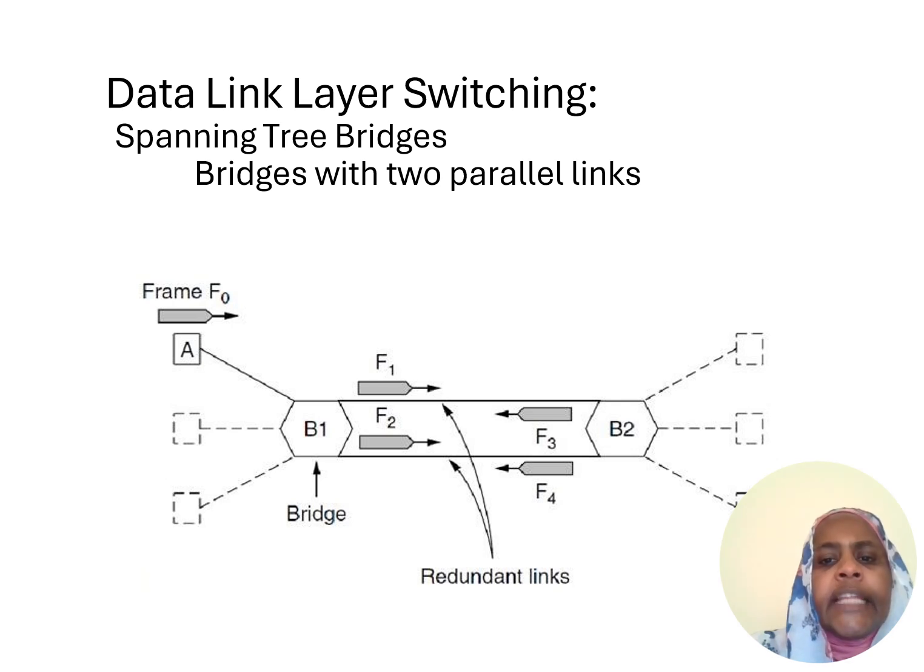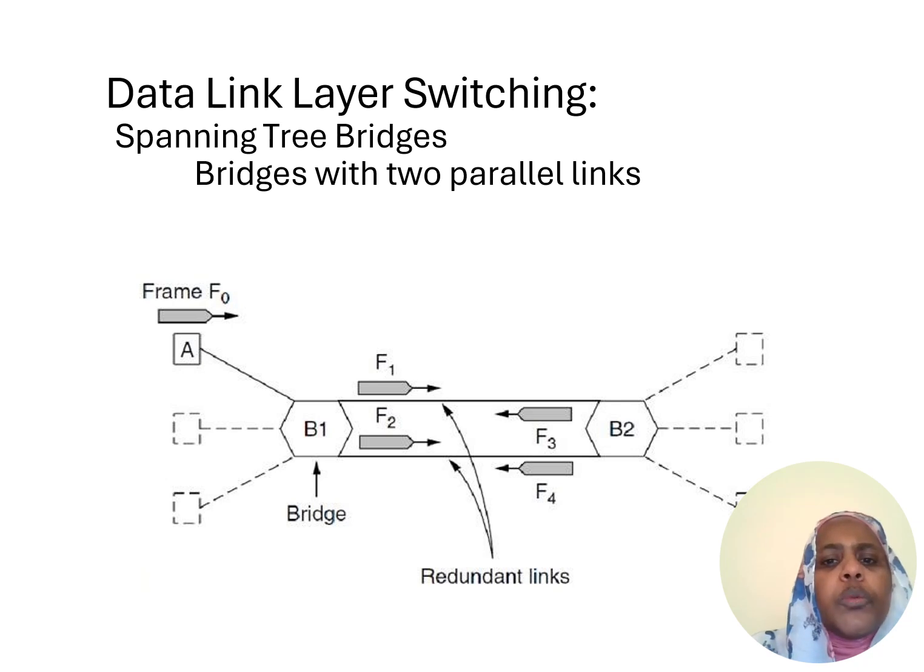Sometimes redundant links are used to increase reliability. In the example below, a parallel link is used to connect bridge 1 and bridge 2. If A sends frame 0 to B1 and B1 does not know where the destination is, it will flood the frame into all its outgoing ports.